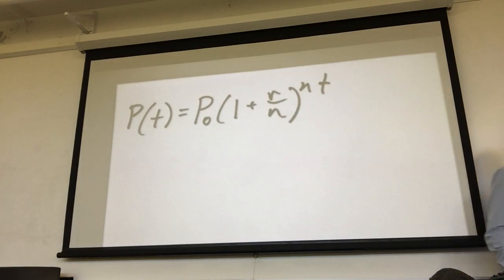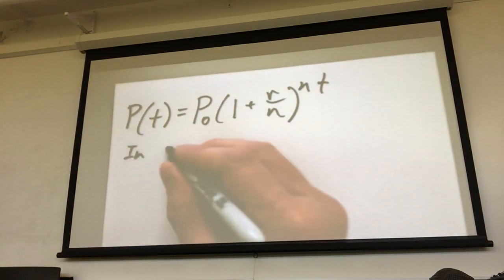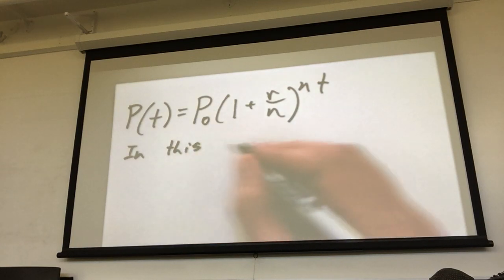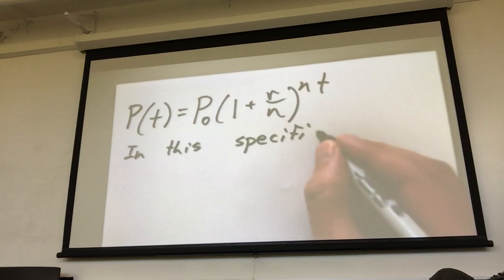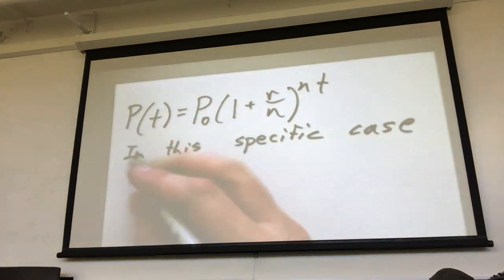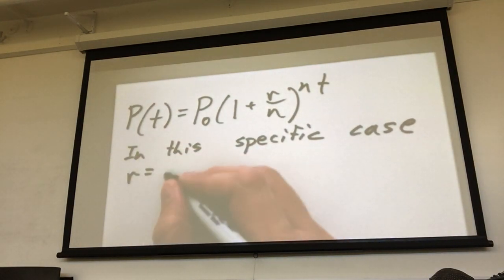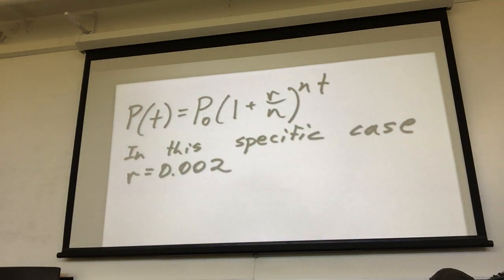And in this specific case, R would equal 0.002. N would equal 12.